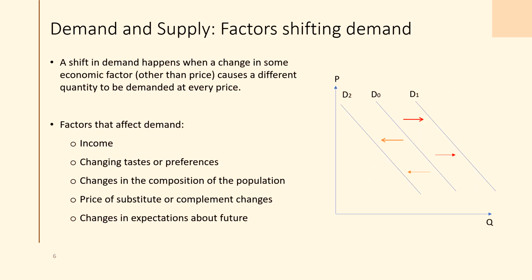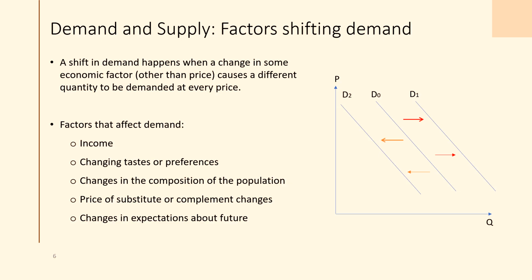Now let's examine what causes the demand curve to shift. A shift in the demand curve occurs when a factor other than price changes the quantity demanded at every price. Several factors can cause this. Income changes affect purchasing power. Tastes and preferences can increase or decrease demand.